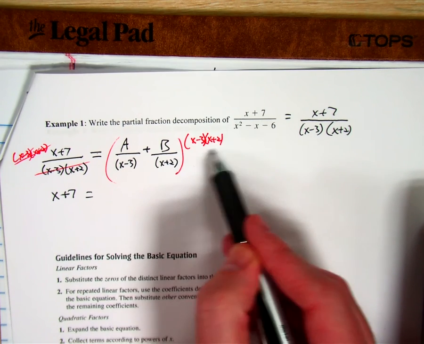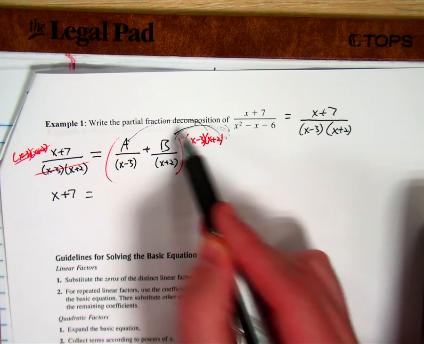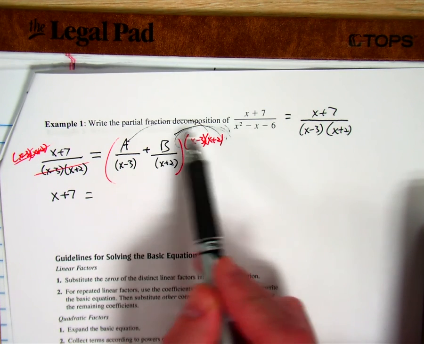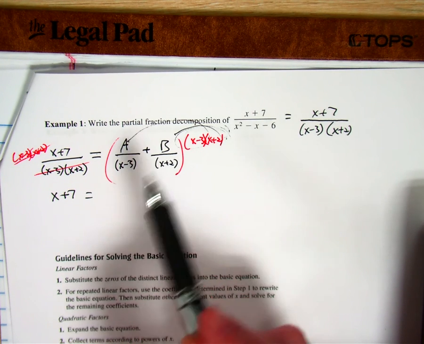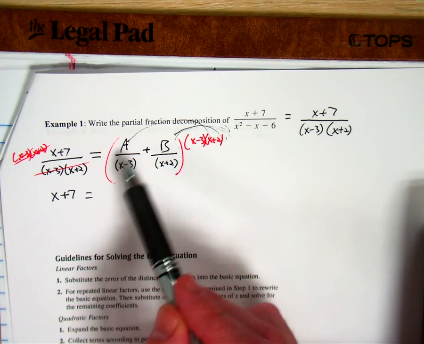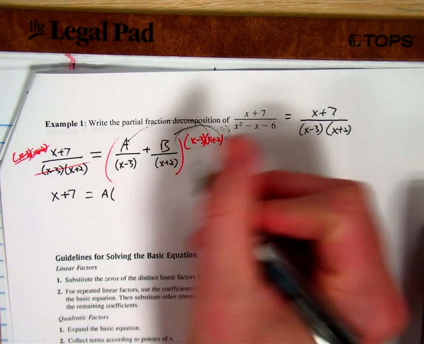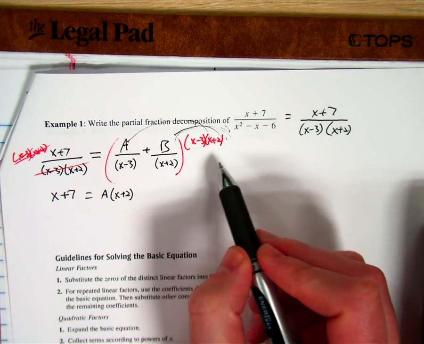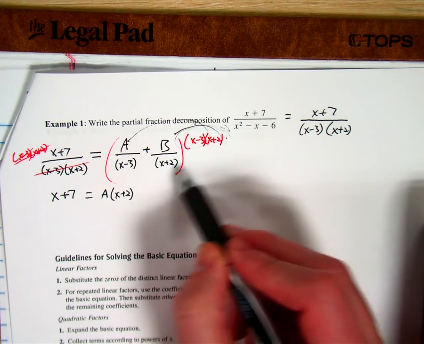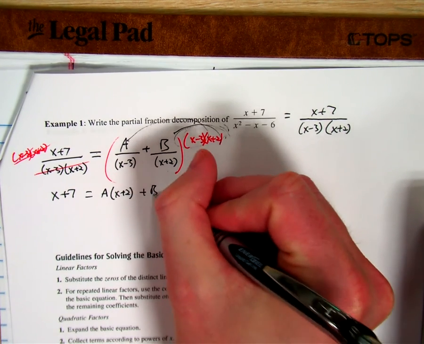If we're taking both of these two together times this one, and then both of these two together times this one. When I take these two together times this spot, times a over x minus 3, the x minus 3 is going to cancel out because I have one on top and on bottom, and I'm just going to be left with a times the x plus 2. And now on this one, the x plus 2 parts would cancel, and I'd have b times x minus 3.